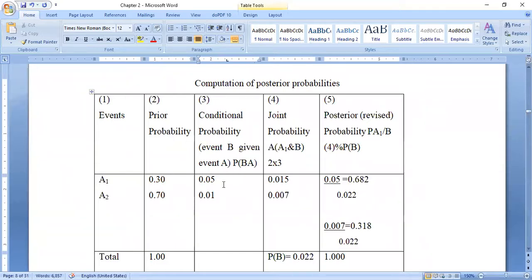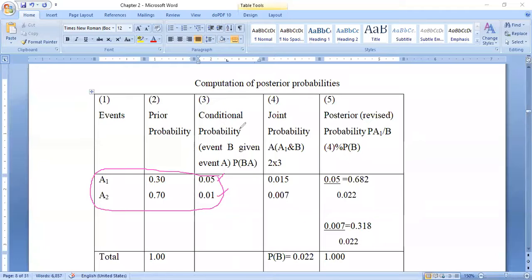Here the condition itself is given in the question: 0.05 and 0.01, defective items produced by machine 1 is 0.05, and by machine 2 is 0.01. These parts, prior and conditional probability, we copied from the question itself.